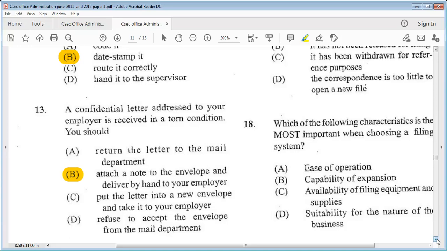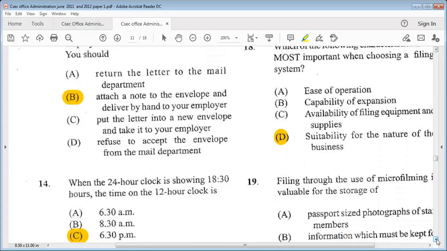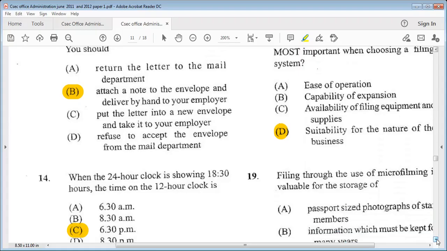D, suitability for the nature of the business. The answer is the suitability for the nature of the business. That is most important when you're choosing a filing system. What type of business is it? That will allow you to select the most appropriate or important one.